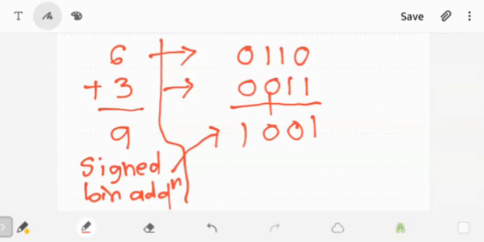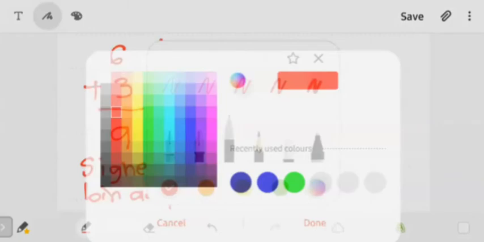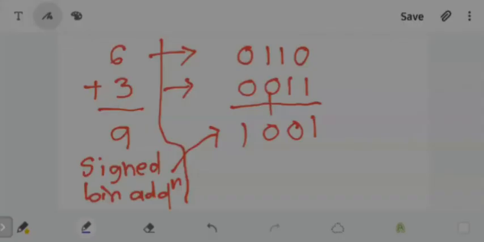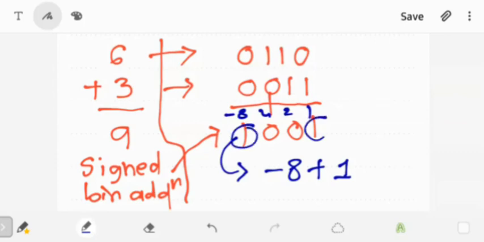So what is its equivalent number? Minus 8 plus 1. In signed representation, this is minus 8, 4, 2, 1. Minus 8 is there, and this is there.